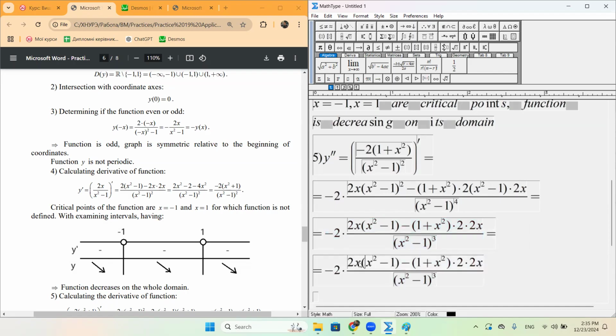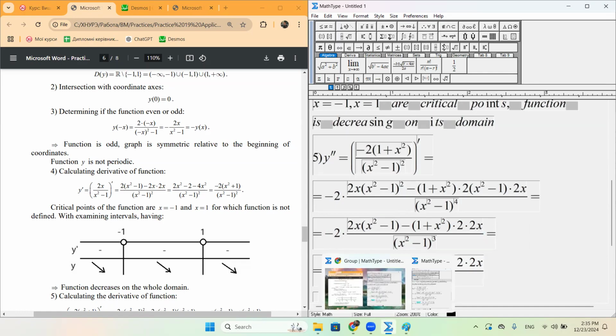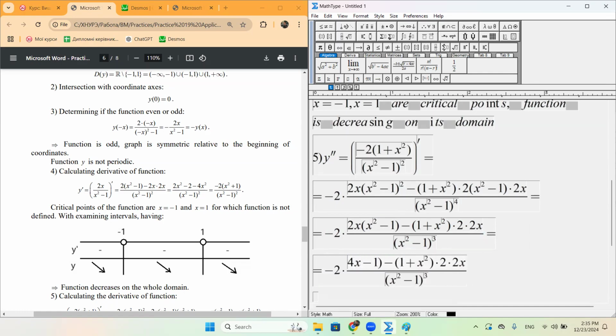So 4x in power of 3 minus 2x. And then here just 4x. Let me move it here. So minus 4x and minus 4x cube.